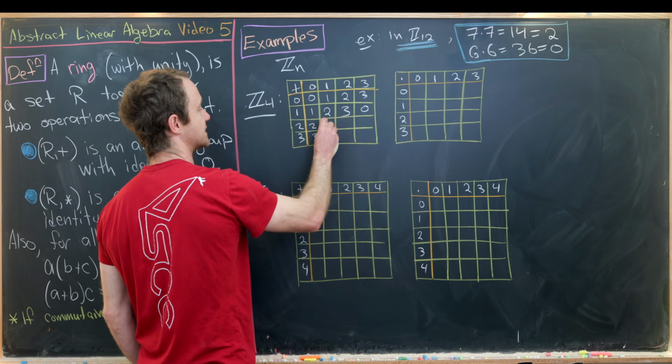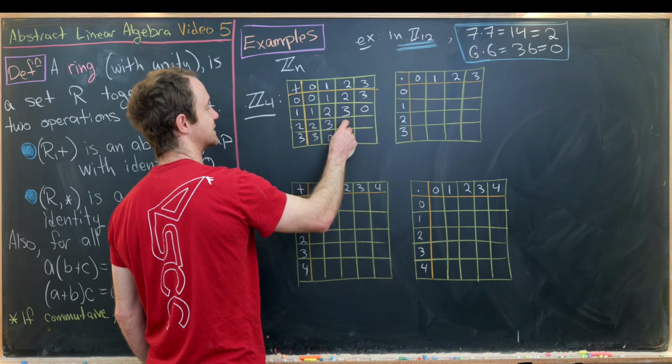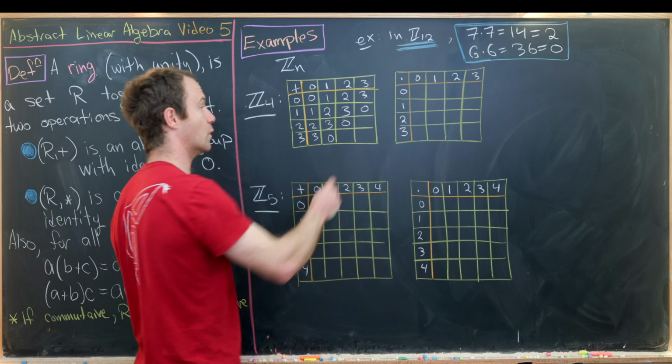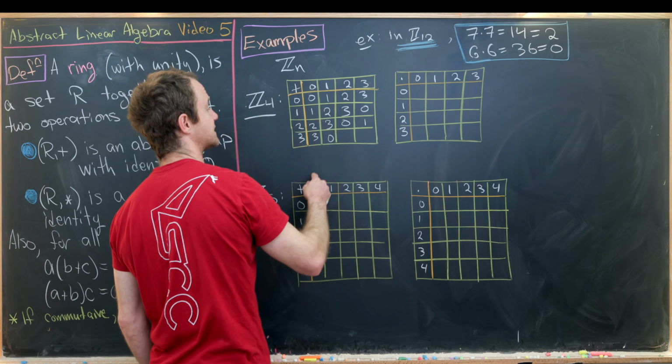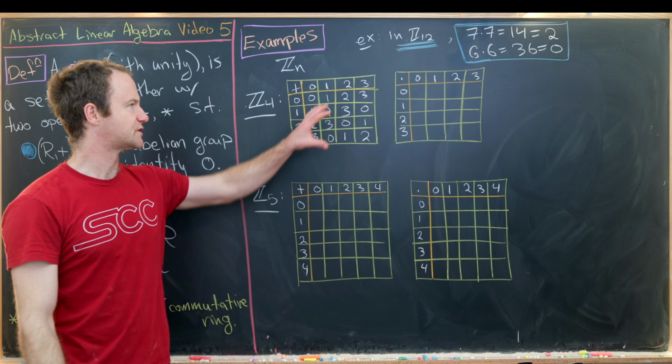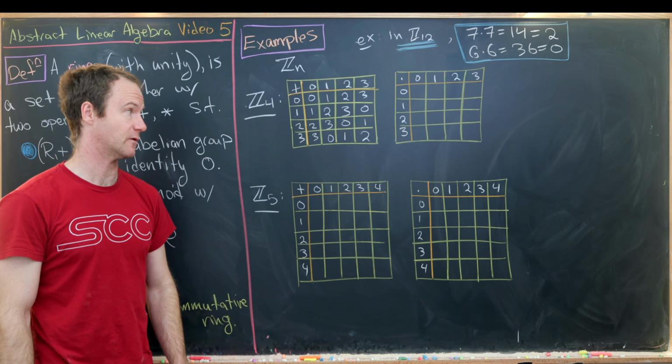Then 2 plus 1 is 3. 3 plus 1 is 4 again, which is 0. Now 2 plus 2 is 4, which is 0. 2 plus 3 is 5, which is 1. And then 3 plus 3 is 6, which is 2. And then we get another 1 here. So that would be a completed addition table for the elements of Z4.